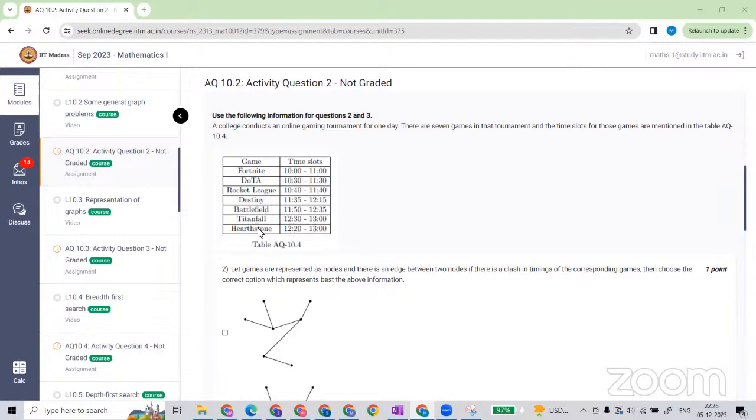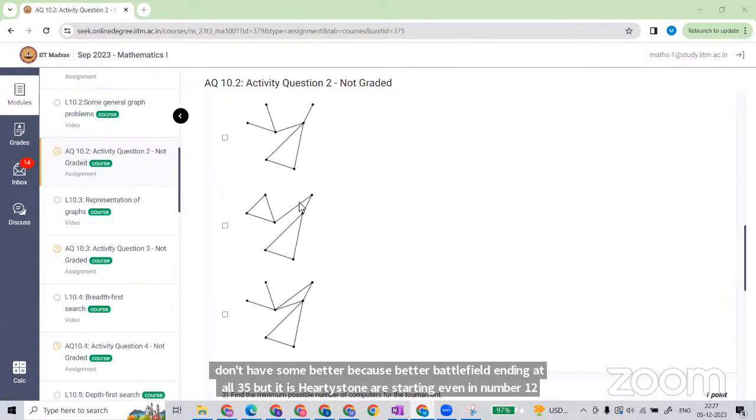Hearthstone also has an edge, because Battlefield is ending at 12:35, but Hearthstone is starting at 12:20. So these have an edge. So whenever they have the clashing time, you can find an edge.